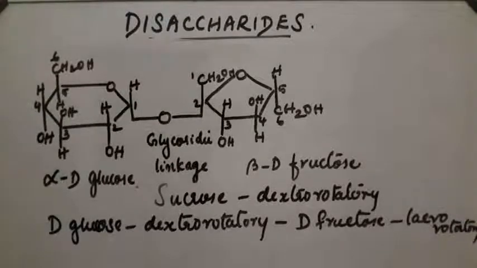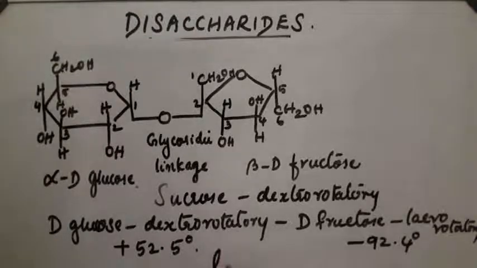In the case of levo fructose, the optical rotation is minus 92.4 degrees, and in the case of dextrorotatory D-glucose, the optical rotation is plus 52.5 degrees. The value for D-fructose is more, so after hydrolysis the compound becomes levorotatory.